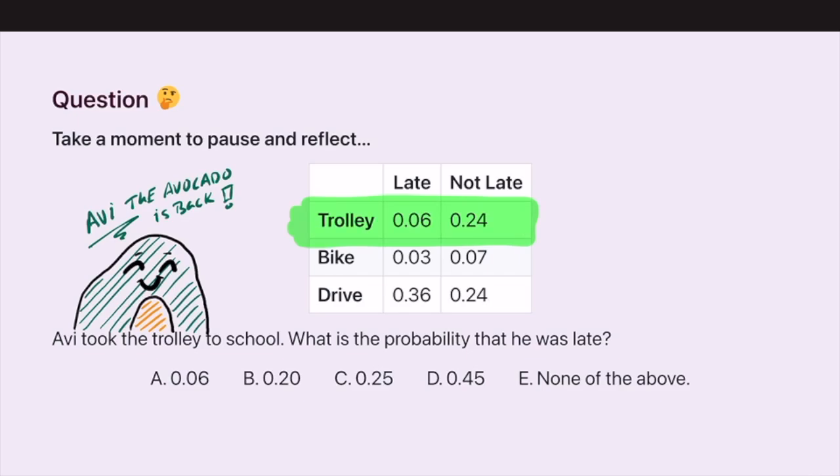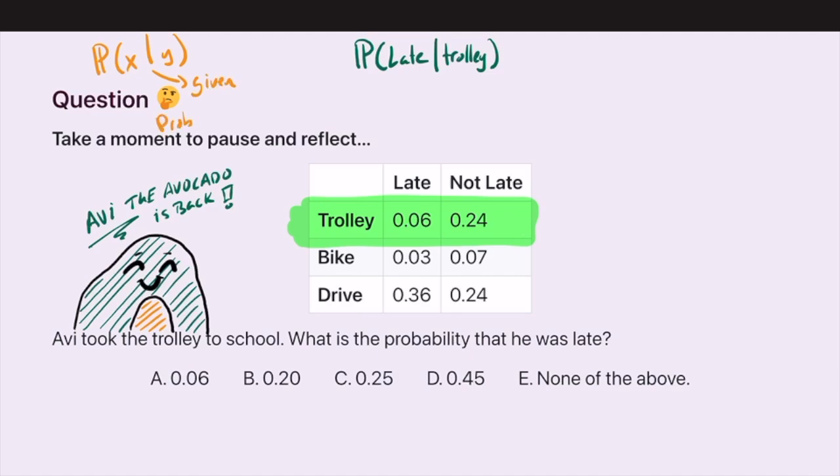So let's go ahead and start to work on a solution for this. We'll just do it here. The probability of late given trolley. Whenever we have a probability of X, this thing, Y, that means given.